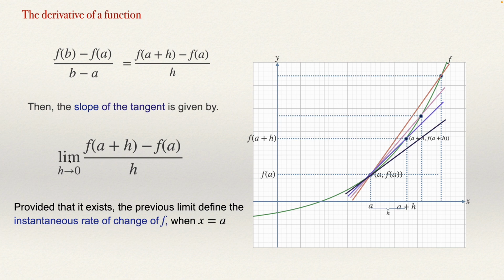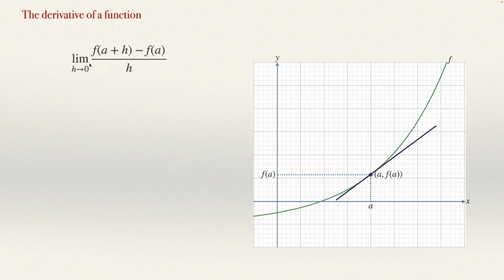We can compute it by computing the limit as h approaches 0 of f of a plus h minus f of a over h. So that is the function evaluated at a plus h, minus the function evaluated at the initial point a, divided by h, the change in the variable x.